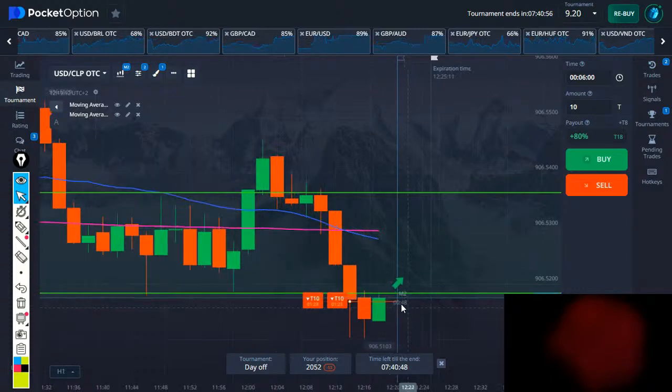Hope it keeps on rejecting. Beautiful. Come on. The OTC market today is rubbish, to say the least.